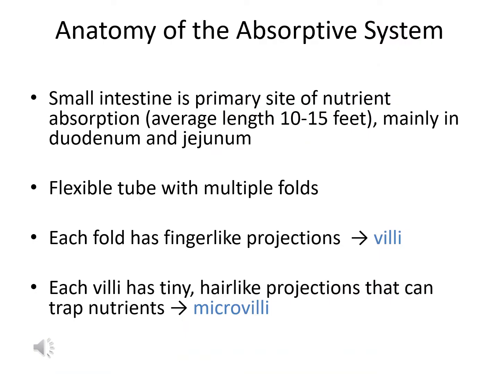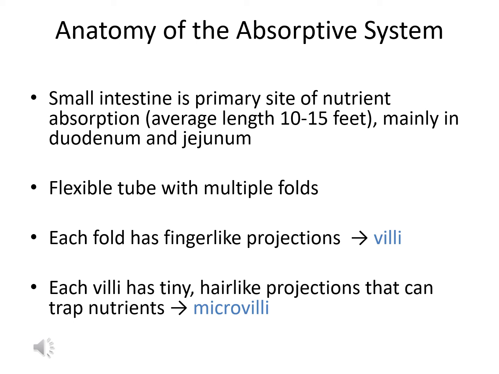So the small intestine is the primary site of nutrient absorption, with the majority taking place in the upper 2/3, which are the duodenum as well as the jejunum. The average length of the small intestine is about 10 to 15 feet. Once again, it really is going to vary depending upon the individual.